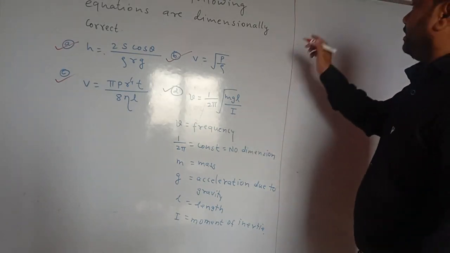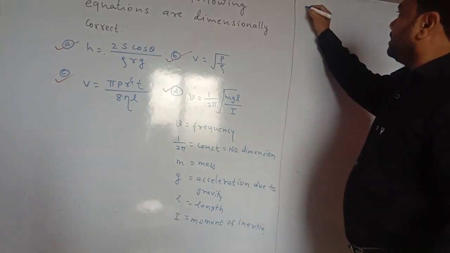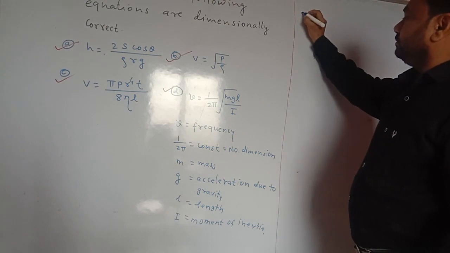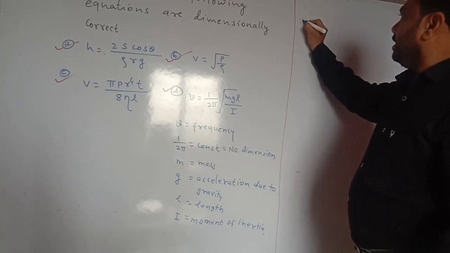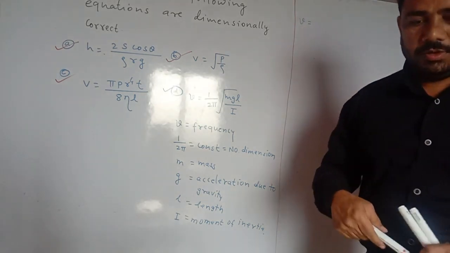The first physical quantity is frequency, that is ν, which is the reciprocal of the time period.